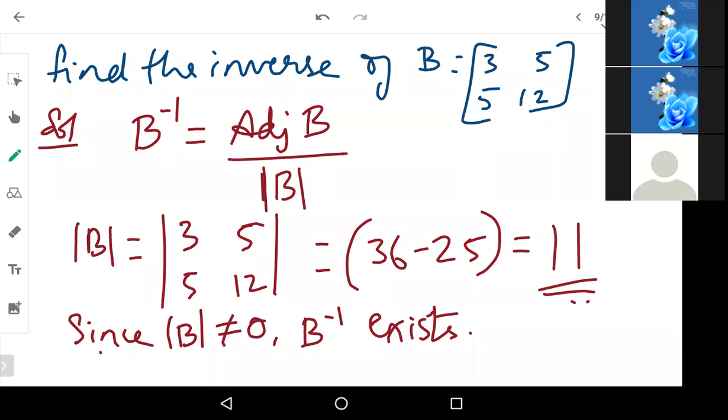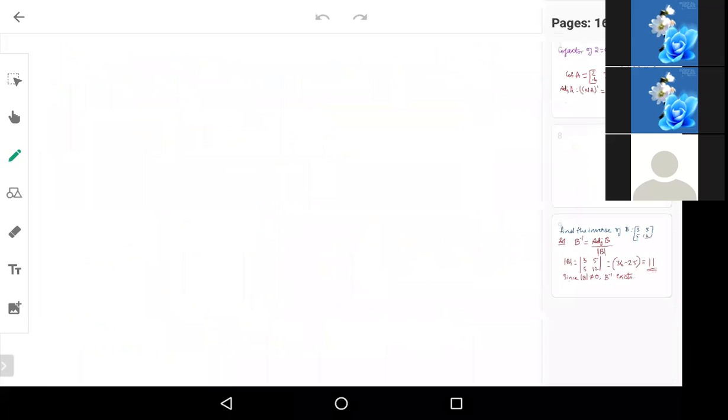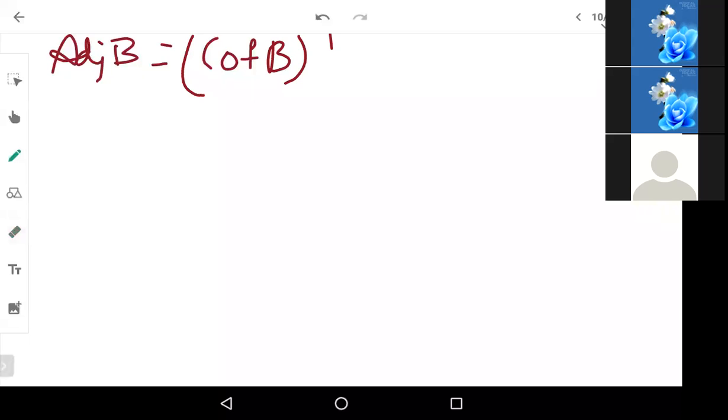Okay, now B inverse will exist. Now our next step is to find the cofactors. So firstly, let us write down the formula, that is adjoint of B is equal to cofactor of B whole transpose.